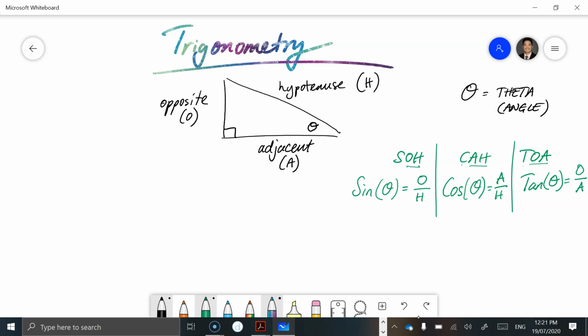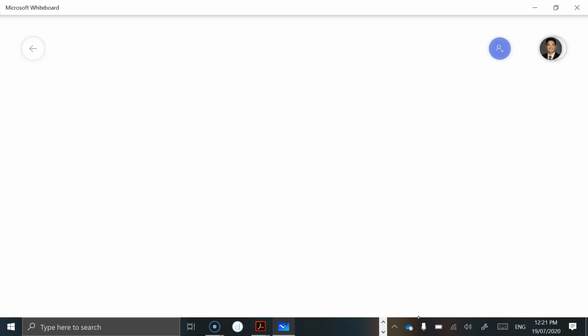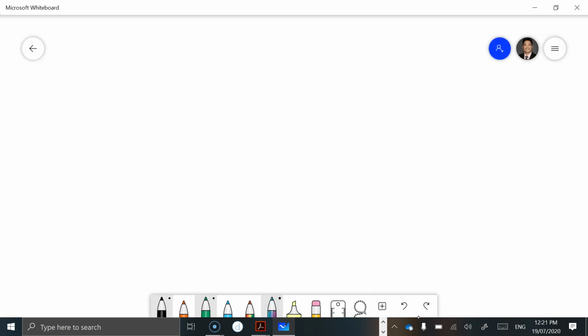Alrighty. So I want to work out some unknown sides given that we have some other pieces of information. And I'm going to move on to another page to make this work. Okay, so first triangle has a hypotenuse of 17.